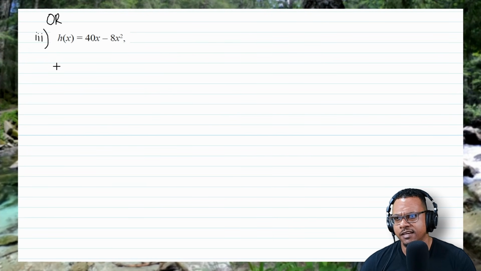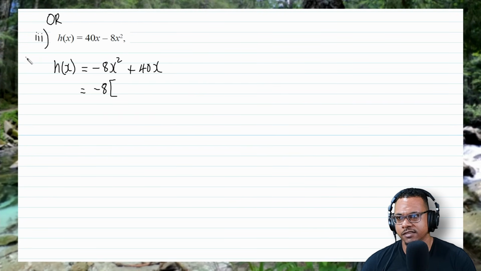So I'll write this as h of x. I'll just write the x squared first. So that's equal to negative 8x squared plus 40x. All right, what I want to do is factor out the negative 8. So this is equal to negative 8, open brackets, divide negative 8x squared by negative 8 and get positive x squared.